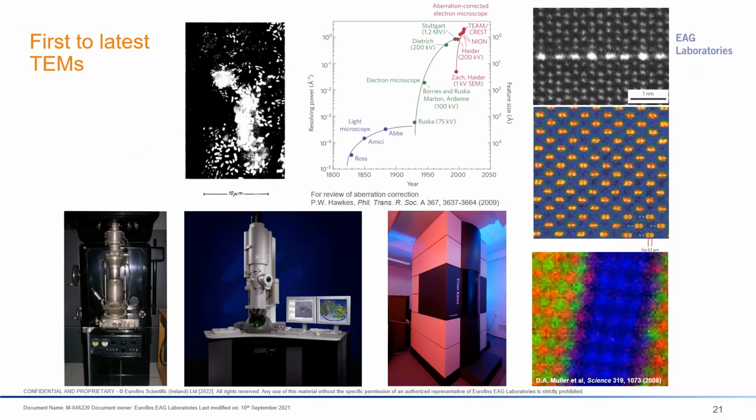Next slide. From the TEM nowadays, this is a very famous paper by Professor David Muller more than 10 years ago, showing that atomic resolution chemical analysis is available on commercial equipment these days.